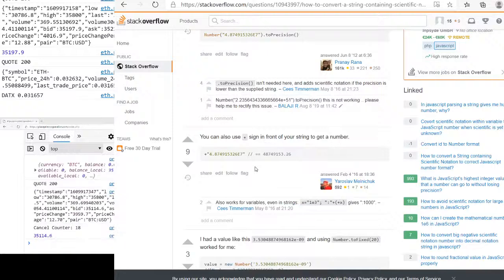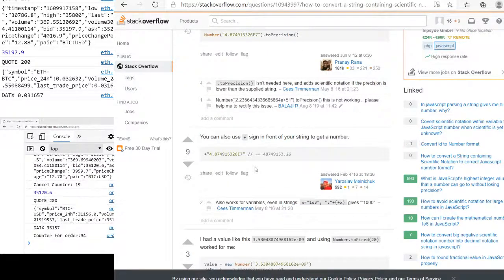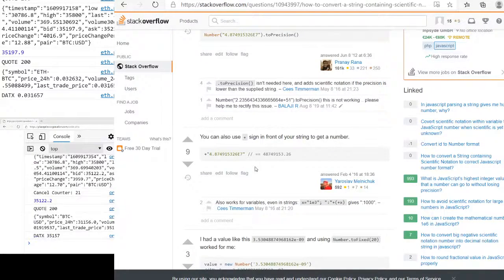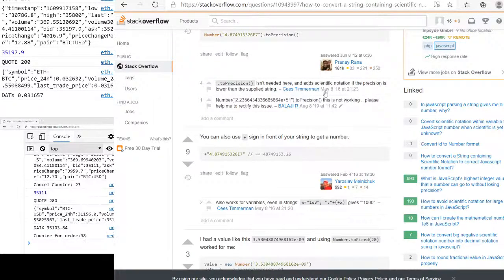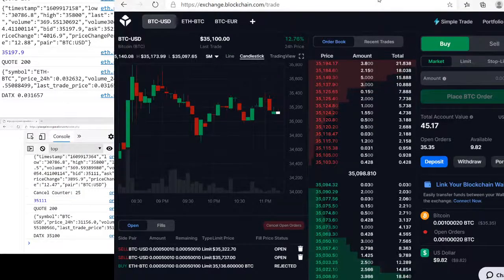You can also use a plus sign in front of your string to get a number. So this is the stuff that gets down to the nitty gritty, of course. 35,094 bit.